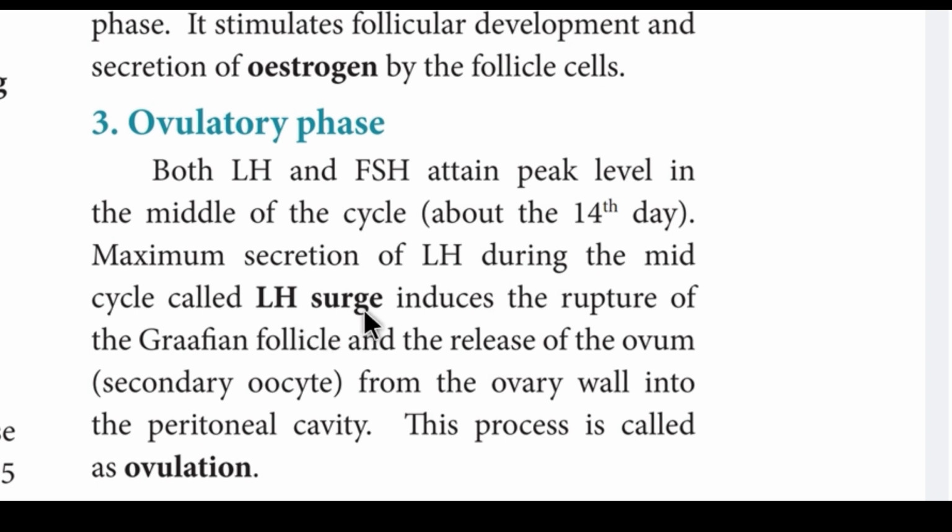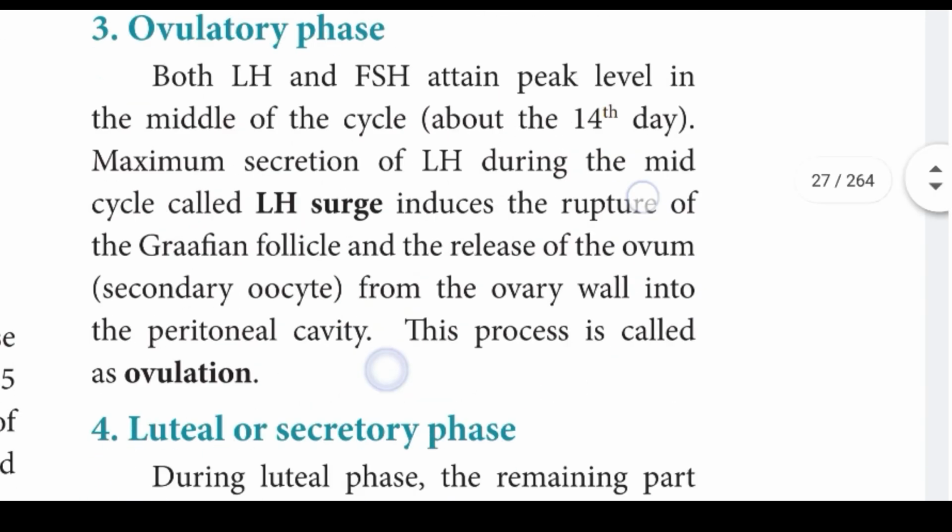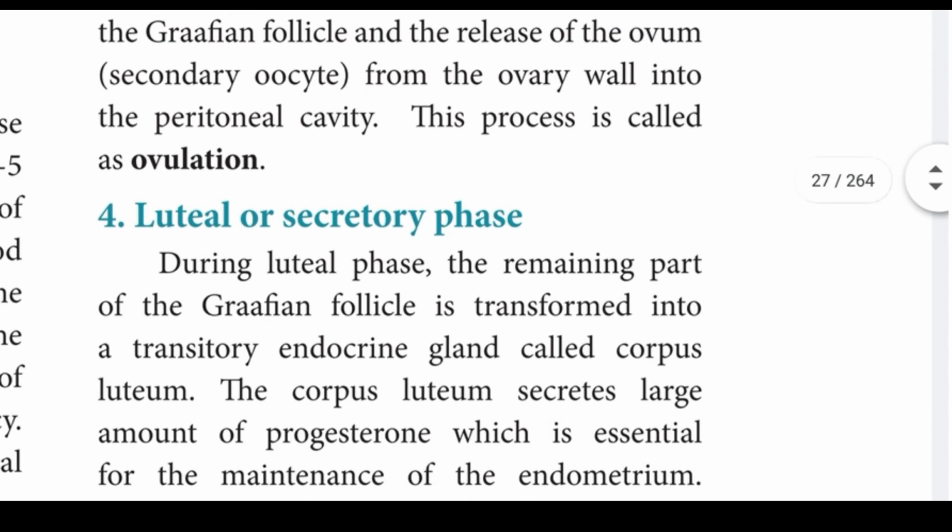LH gives the pressure, and then only the secondary oocyte is released from the ovary wall into the peritoneal cavity. This process is called ovulation. The release of the secondary oocyte or ovum is called ovulation.